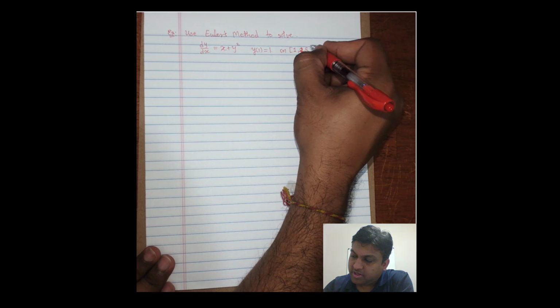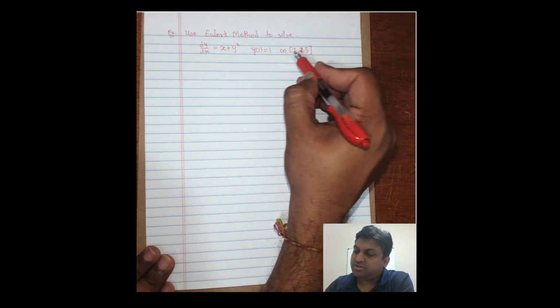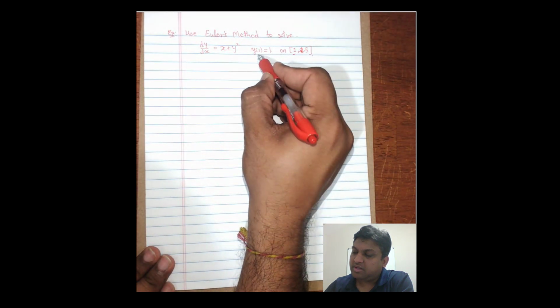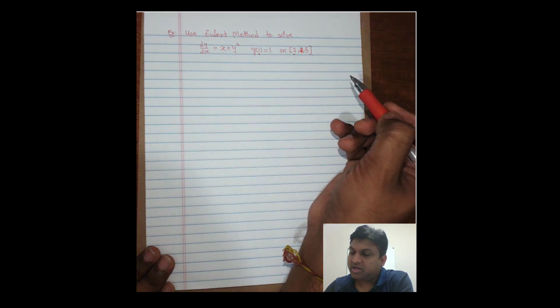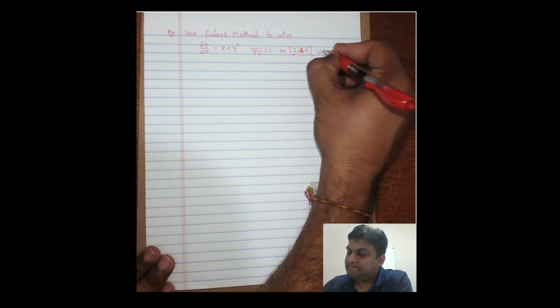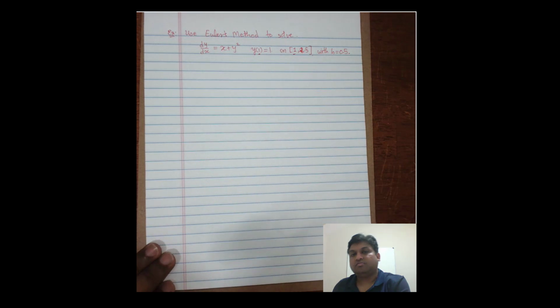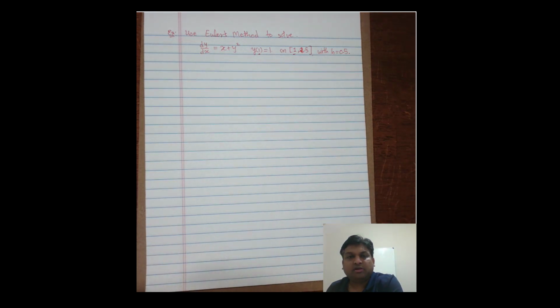I want you to notice here that the interval starts with the initial x value and ends at 2.5 with h equal to 0.5.